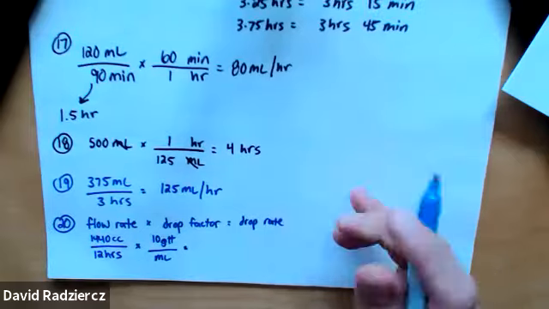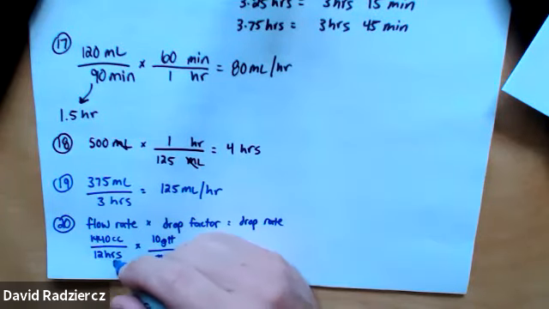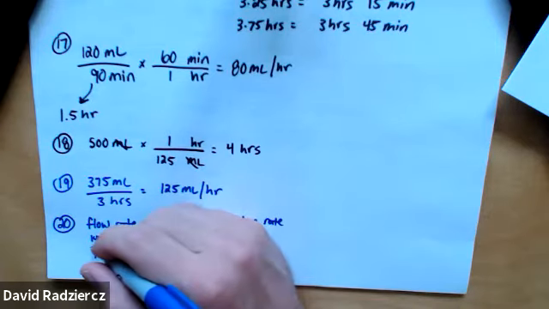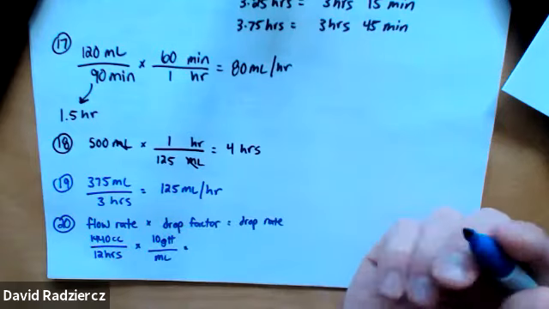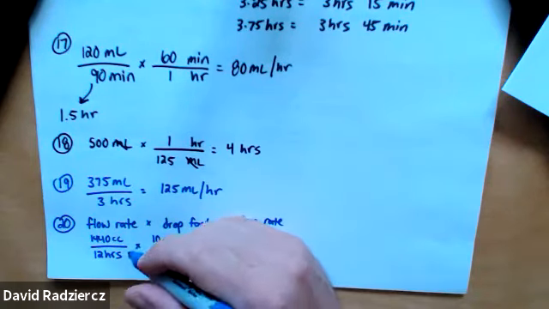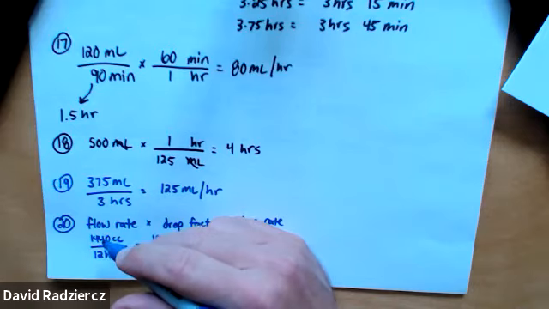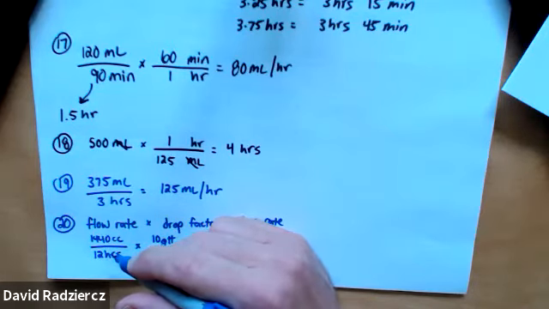Now, drop rate is supposed to be in drops per minute, and we have hours right now, so we need to convert hours to minutes. You can do this a couple of different ways. You can write this out and add a separate conversion factor, which is what I think I'm going to do to show you. Or from the get-go, you could just convert hours to minutes: 12 times 60 is 720. Or you can reduce 1440 over 12, which is 120 cc's per hour, and then convert hours to minutes. 1 hour equals 60 minutes.